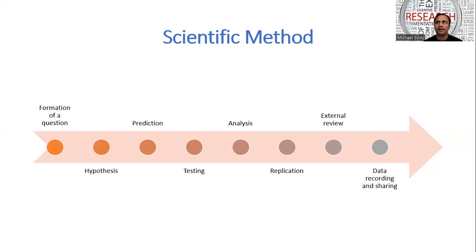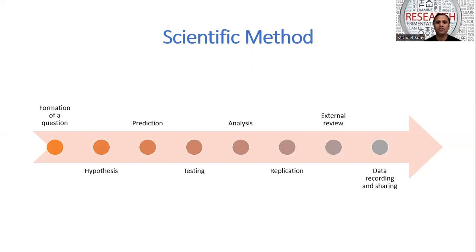And then, in terms of directionality or prediction of the hypothesis, like how A and B are related to each other, A and B could be constructs in our example, like job satisfaction and job performance.